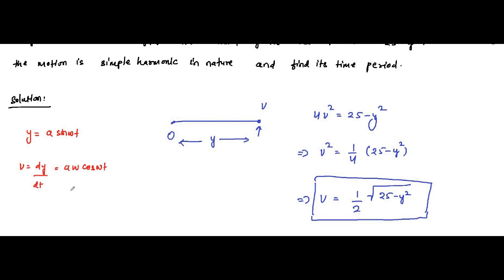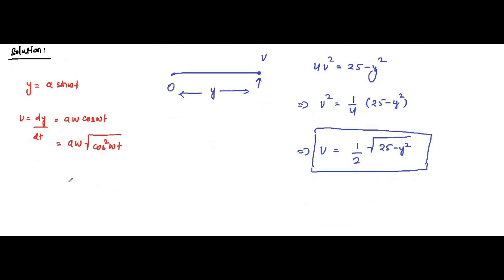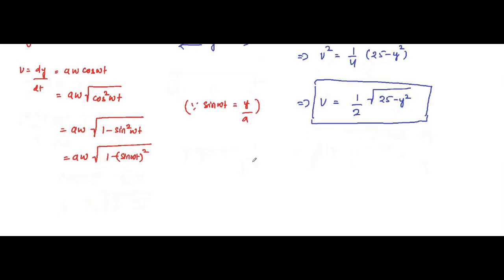If we write cos omega t as root over of cos square omega t, which is 1 minus sine square omega t, then it is a omega into root over of 1 minus sine omega t whole square. Now sine omega t is equal to y by a.